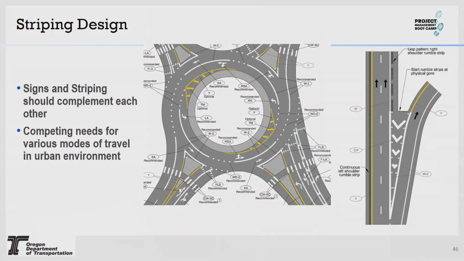Striping. Signing and striping go together, hand in hand. They should complement each other. And when we have an extremely congested, built-up environment, you have to provide information. You have to provide room for bicycles, room for pedestrians, room for public transit, room for buses only signs, and striping.